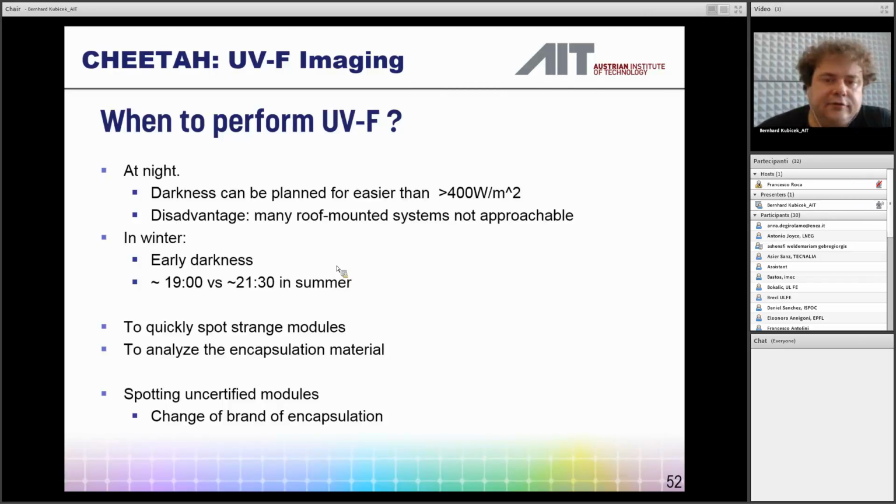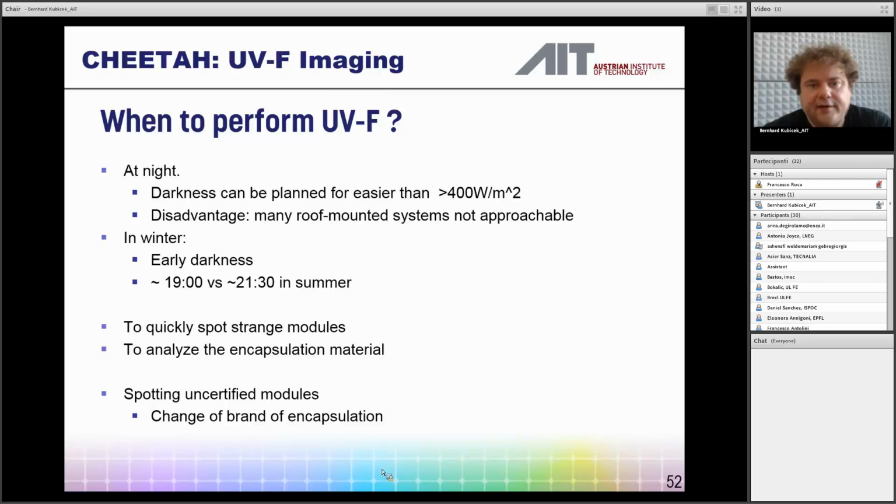What you can also do: very often, manufacturers of PV modules change their materials. However, if they change the materials, legally they would be required to recertify the module. Very often they don't do that.